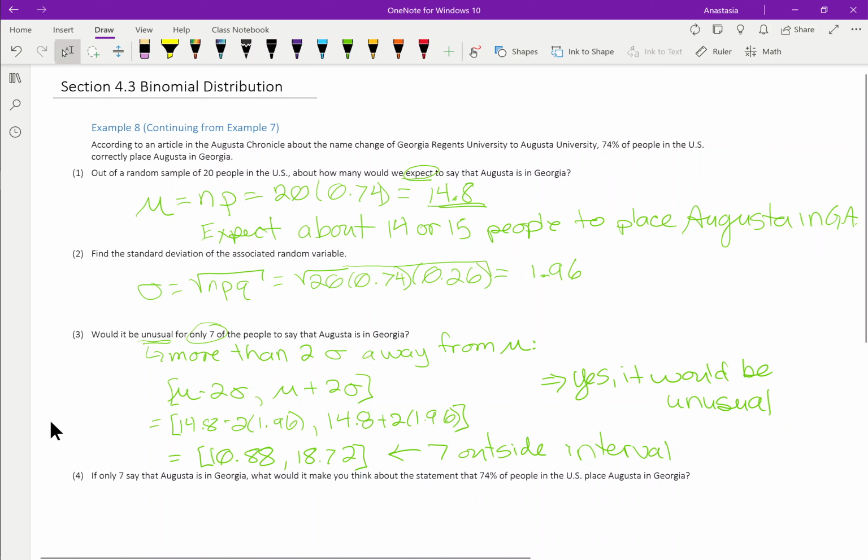Now, the last question we have for this example is, if only 7 say that Augusta is in Georgia, what would it make you think about the statement that 74% of people in the U.S. place Augusta in Georgia?